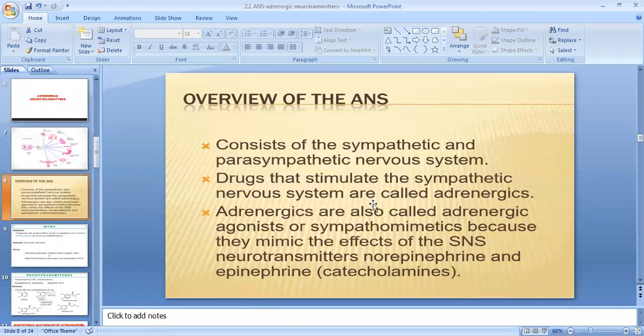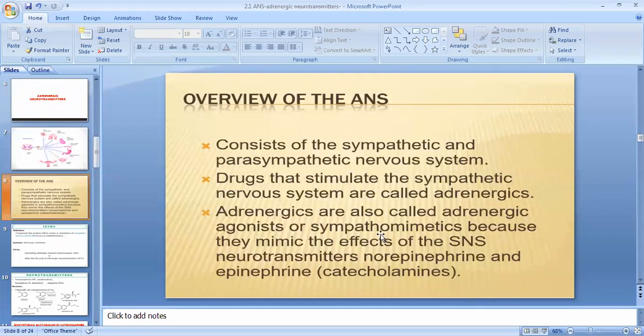These adrenergic drugs, or the adrenergic system, are also known as adrenergic agonists. An agonist is any substance that binds to the adrenergic receptor and shows the same responses as the sympathetic nervous system. These are nothing but sympathetic types of responses. So those are known as adrenergic agonists. Those drugs are also known as sympathomimetics.